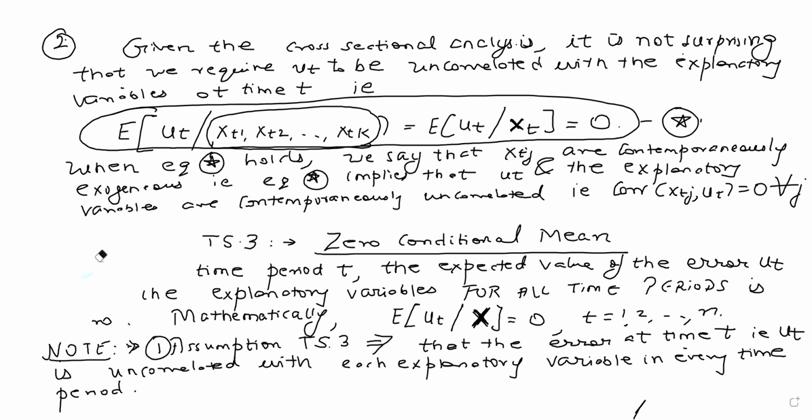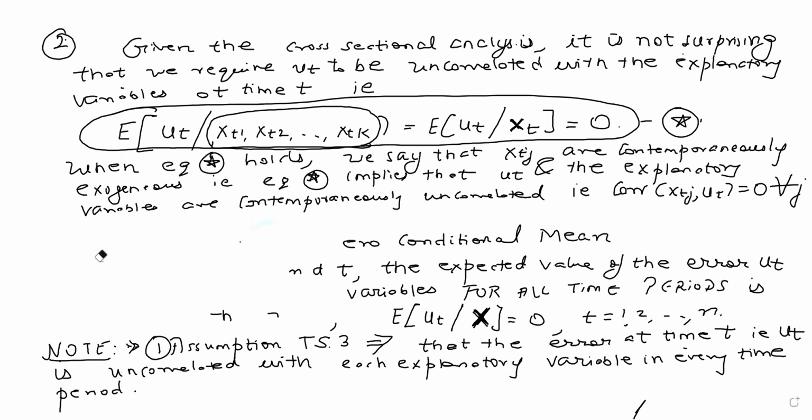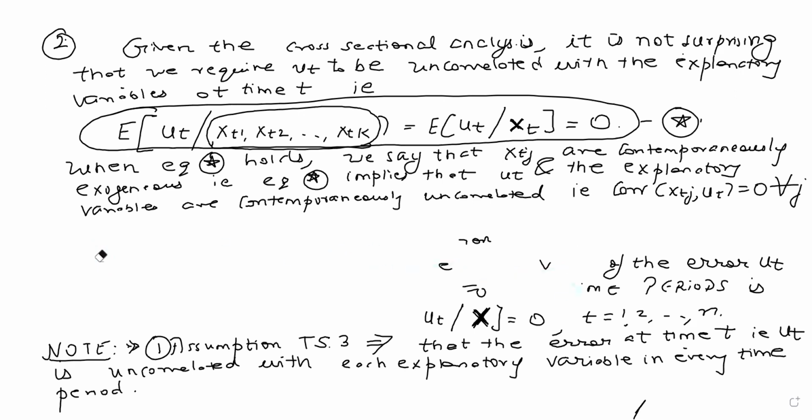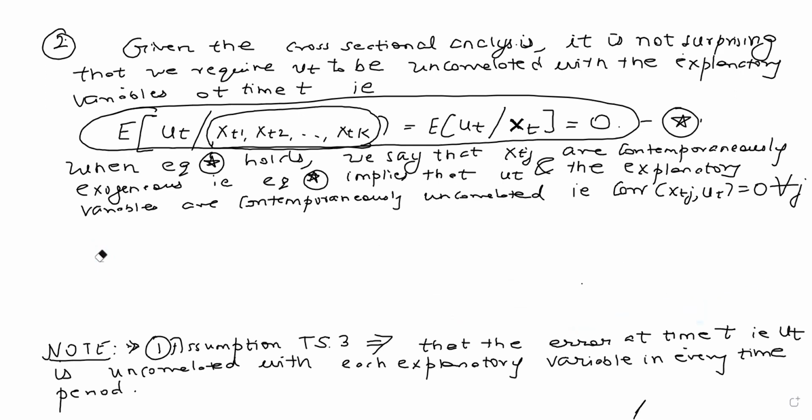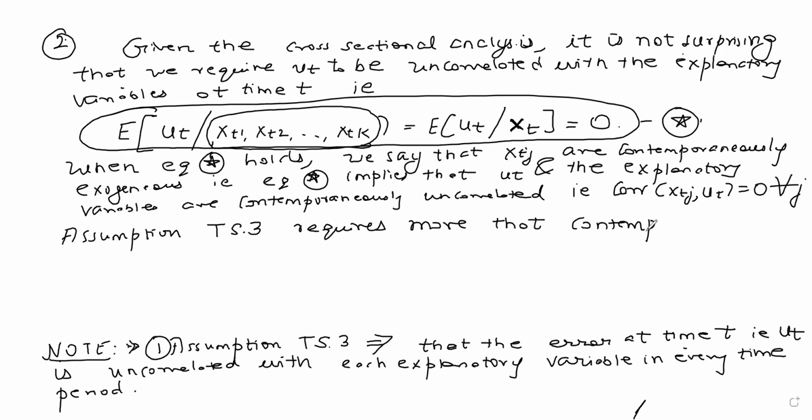Things are getting a bit repetitive because I'm trying to pay more weightage to the explanation part, but if you've understood it by now, that's fine by me. Assumption TS3 requires more than contemporaneous exogeneity.